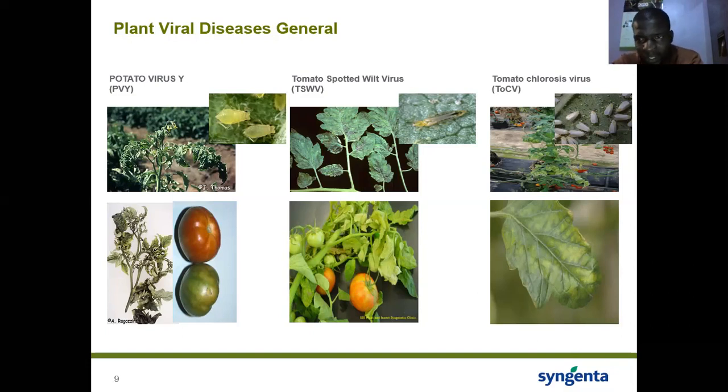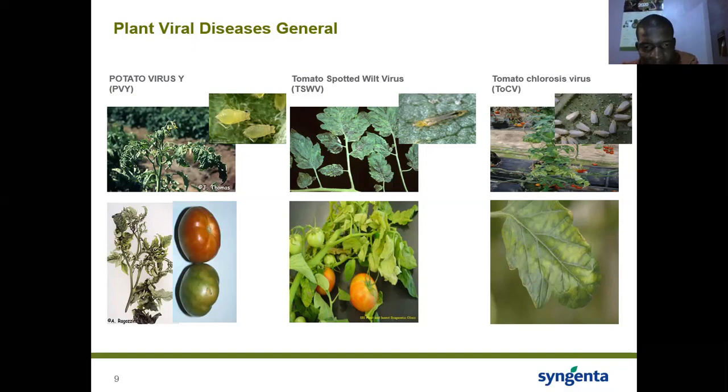If we go back to the previous lessons that we had on crop protection, we talked about the chemical that you can use to control aphids, whiteflies, and thrips. We said you can use Actara for aphids and whiteflies. So if you have very good crop protection, you are not going to have these challenges.